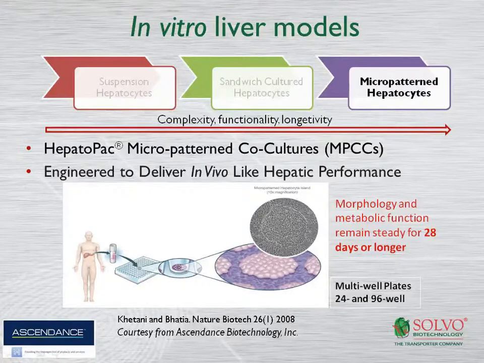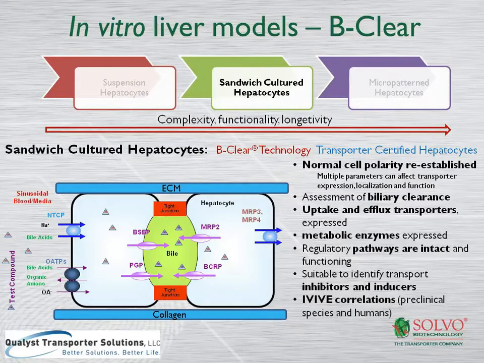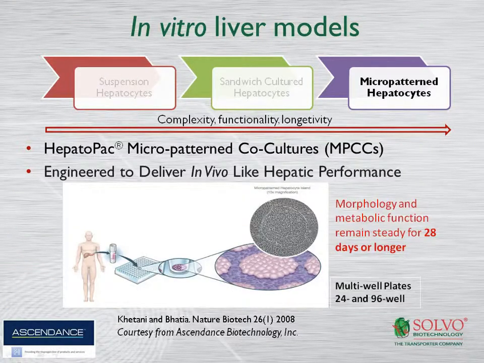I just wanted to mention this at the end, that it's already possible. They are very complex, but you can perform all of these in one assay. I don't have a slide for the proximal tubular cells for the kidney, but it's also possible to do all these steps in just one cell type or one type of assay.